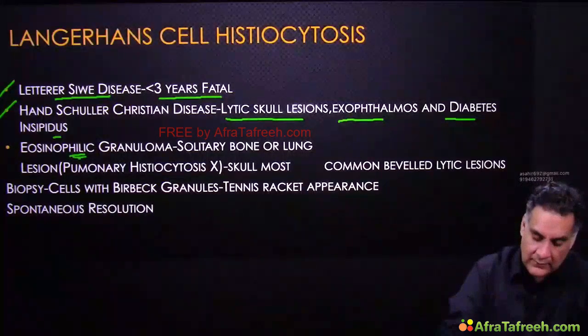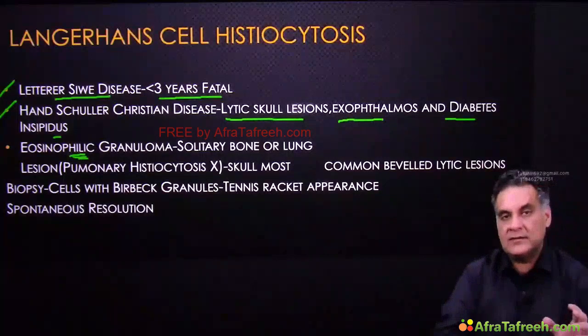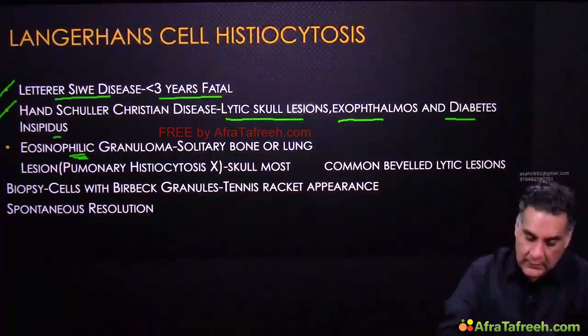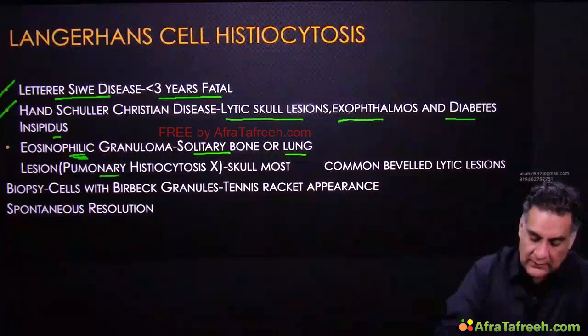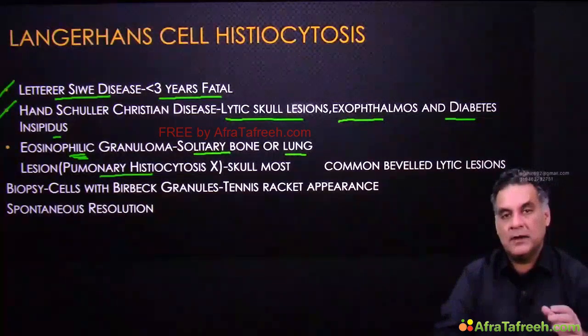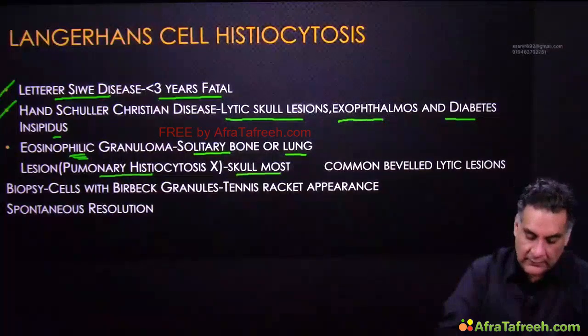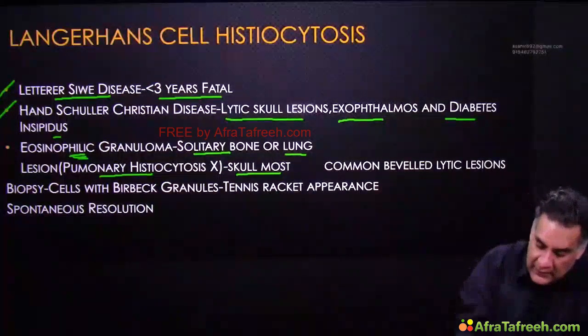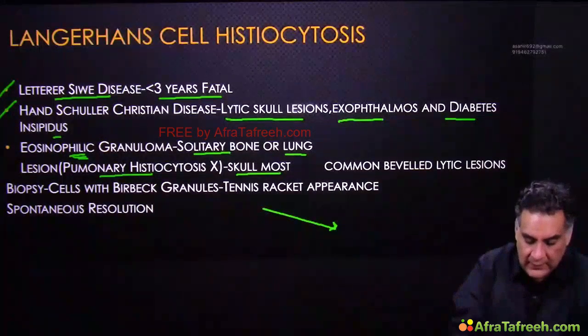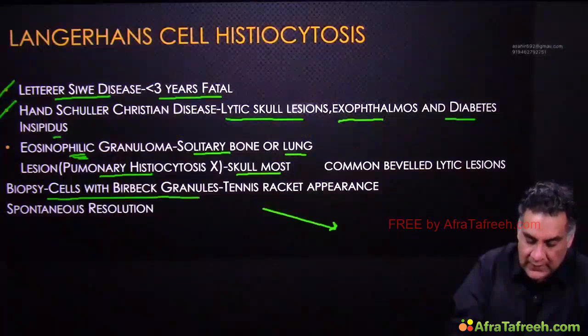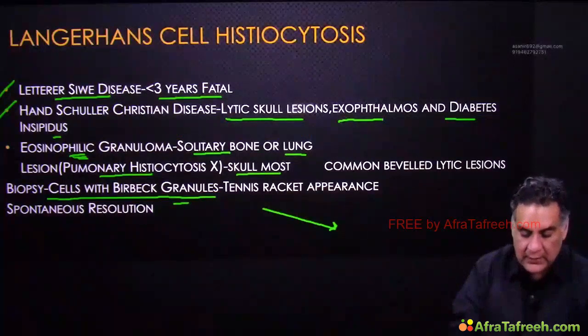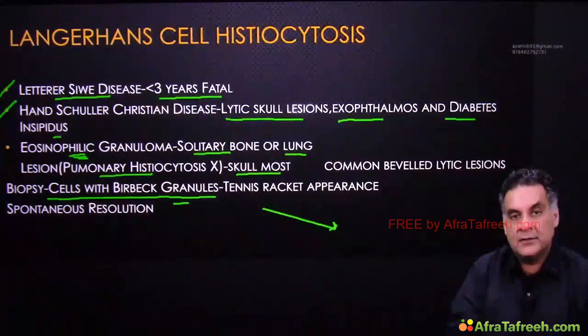Eosinophilic granuloma will have cells with groove nuclei. They have the solitary bone or lung lesions. In lung lesions, they are called as pulmonary histiocytosis. Skull affected, it will have beveled lesions, the sloping lesions. On biopsy, you have cells with tennis racket shaped granules called as the Birbeck granules.